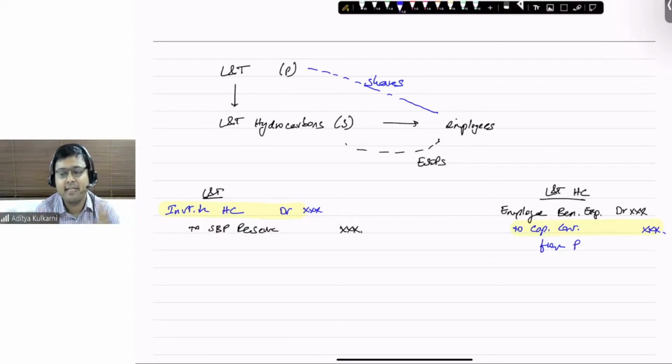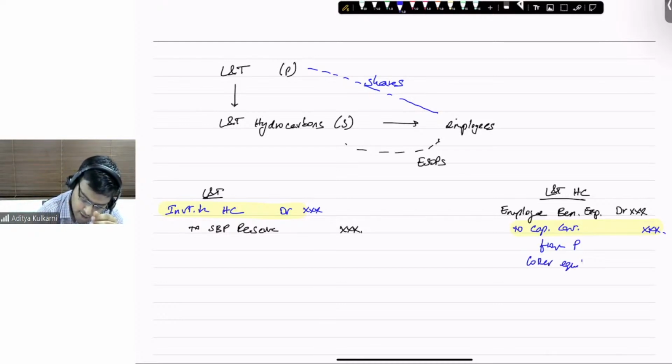L&T will never intend to collect the money back from hydrocarbons. So it is as if it is an investment made in hydrocarbons, and for hydrocarbons, it is as if a capital contribution received from the parent. And that is why we credit capital contribution, which will go under other equity.